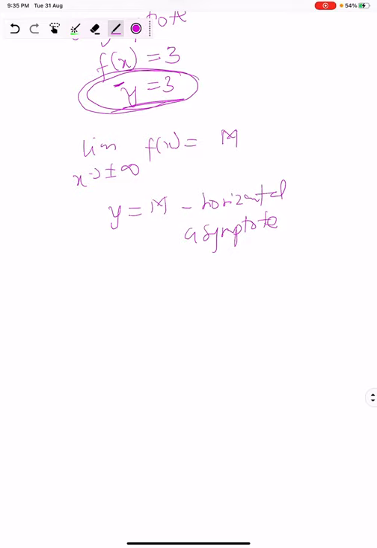Now let's look at another example. If I have f of x is equal to 1 over x squared, then to find the behavior of this function as x approaches both negative and positive infinity, we first test for positive infinity. You can also start with negative infinity, it doesn't matter which one you start with.